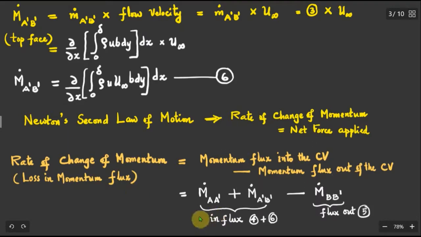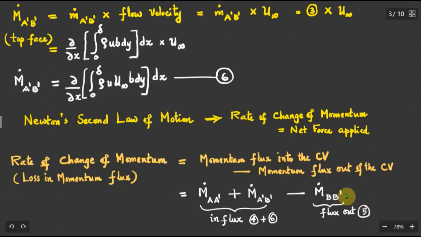So what can you write? Into the control volume, through the left side phase and the top phase, we have M dot A dash plus M dot A dash B dash. We are talking about momentum influx, that is expressions 4 plus 6, the total momentum influx into the control volume.